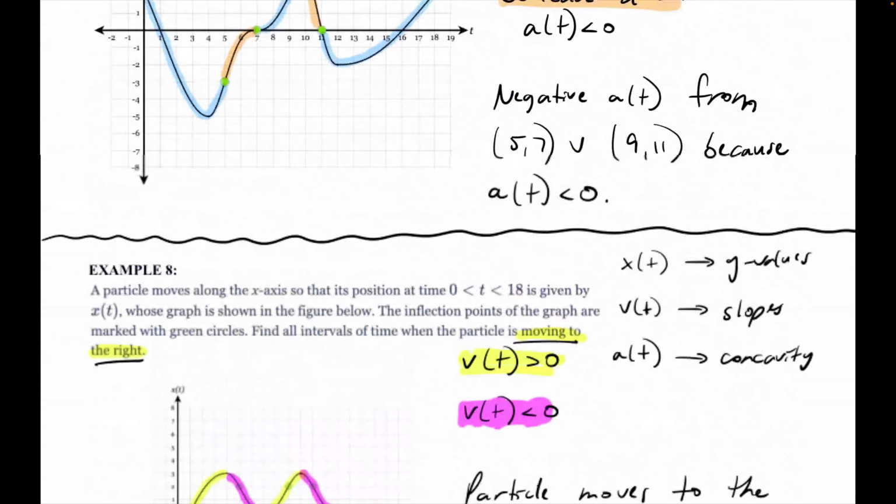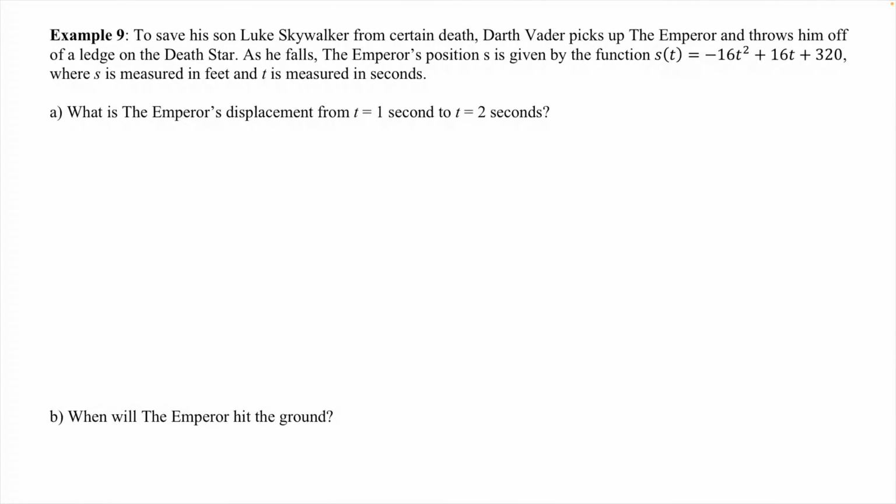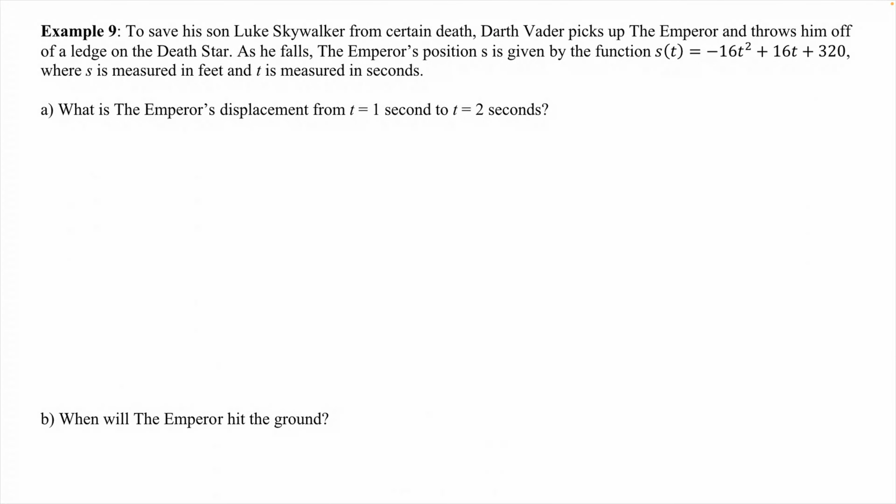So this is a multi-parter. This was a free response question that I used to give on tests. I stopped giving it after a while, and I just put it on the notes because it's just a test type question. To save his son, Luke Skywalker, from certain death, Darth Vader picks up the Emperor and throws him off a ledge on the Death Star.